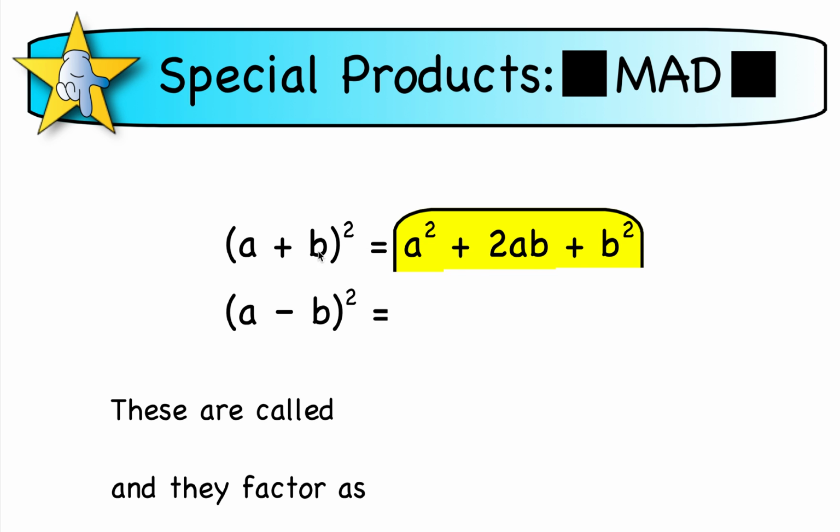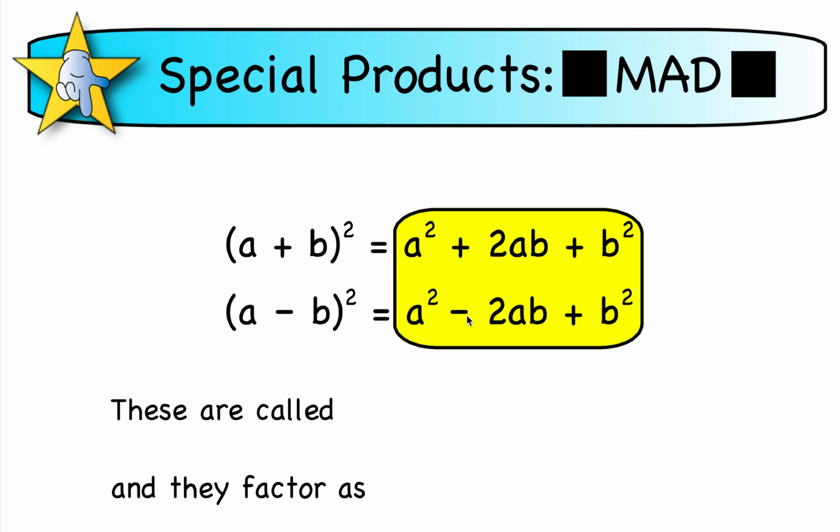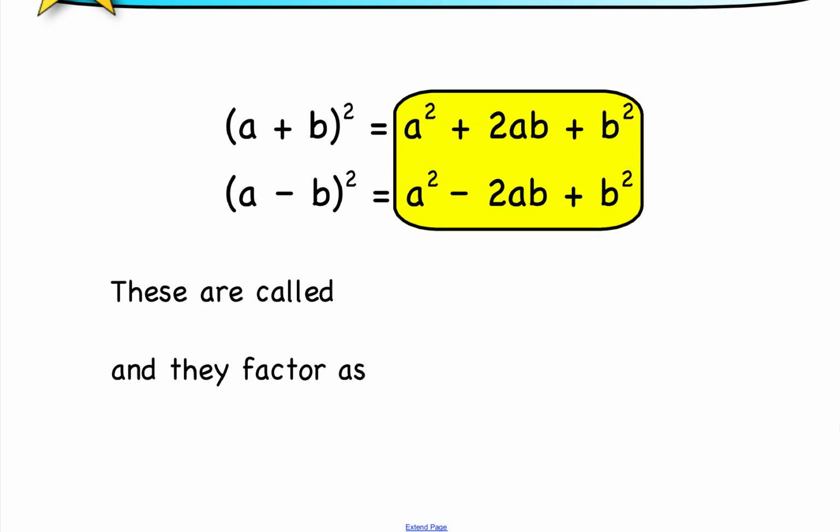So we talked about how to expand this using FOIL, and this was our shortcut where we square, multiply and double, and square, and that's the significance of the squares and the MAD in the title there. And then the one that is the difference of those two numbers is a squared minus 2ab plus b squared. So they're very, very similar. The only thing different is the negative sign or the positive sign.